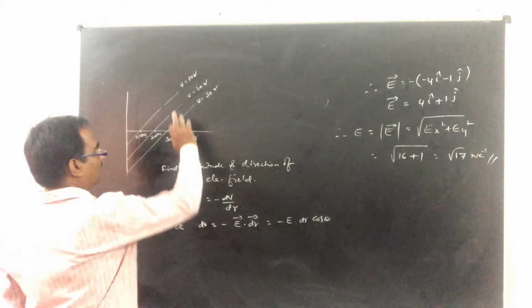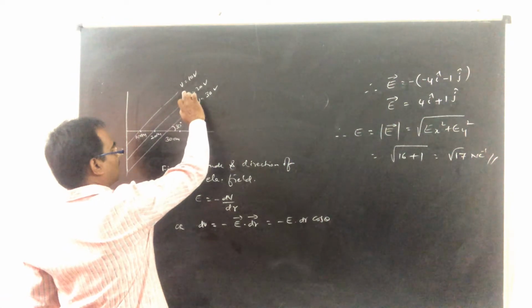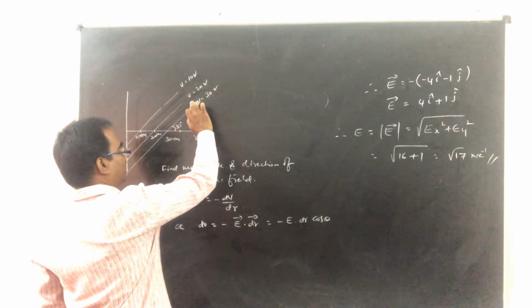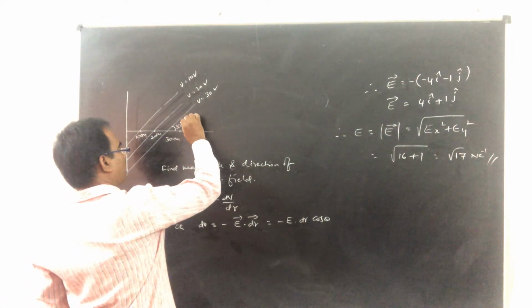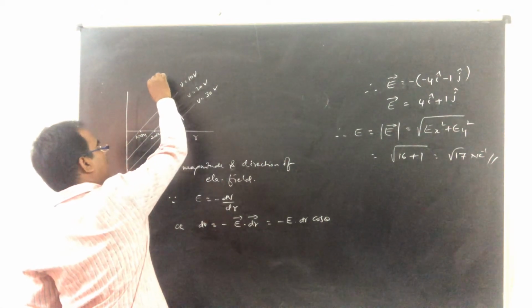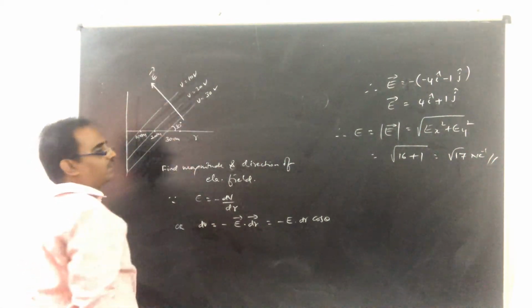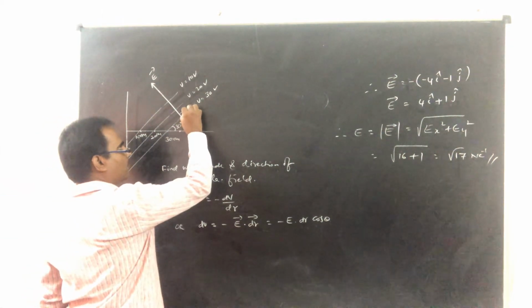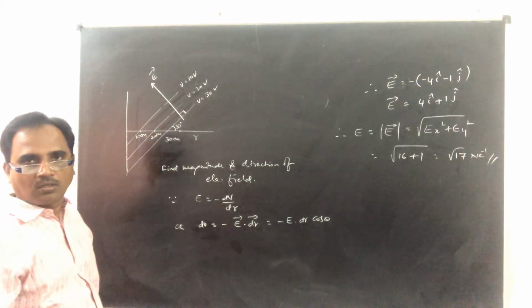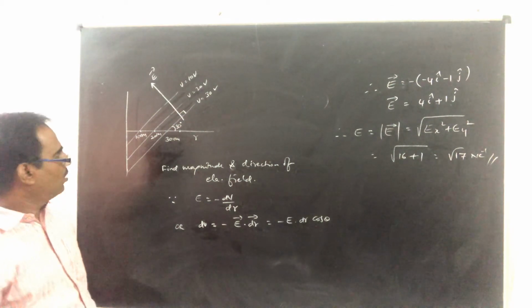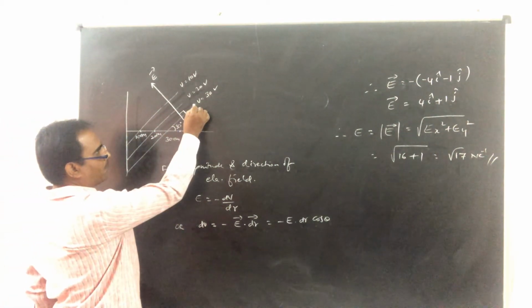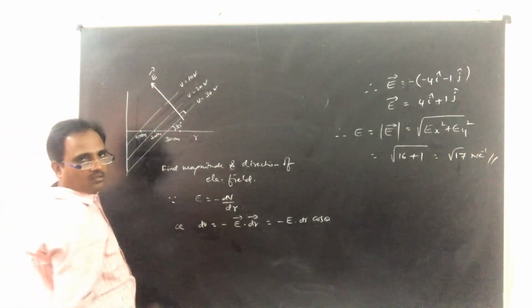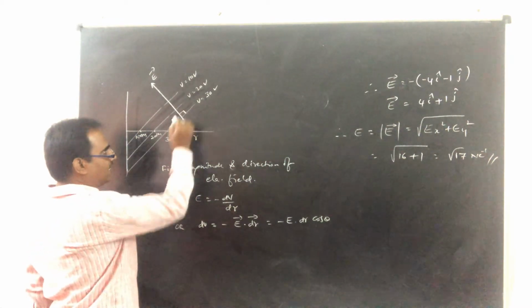That means, if this is the equipotential line, obviously the electric field must be perpendicular to this equipotential line. This must be the direction of electric field. So this angle is 90 degree.